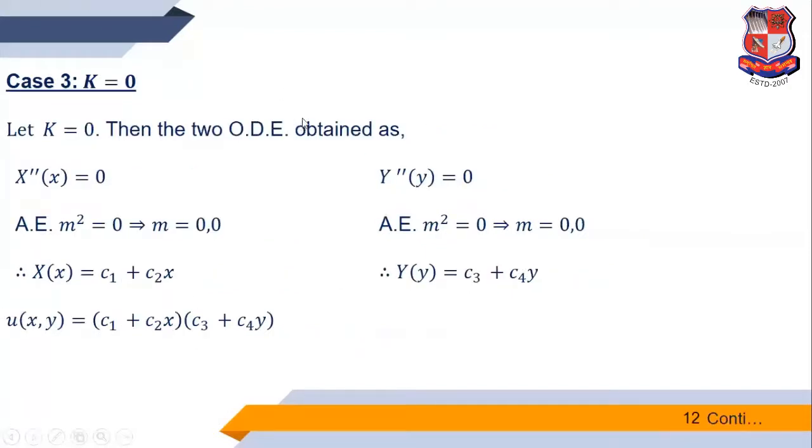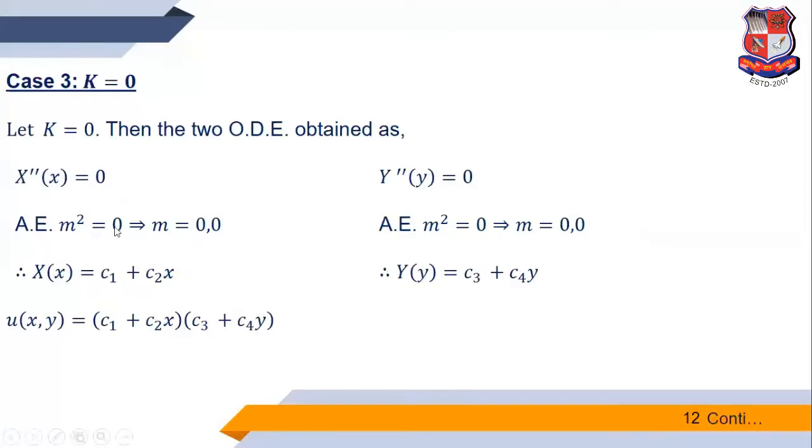Now the third case, k equal to 0. So let k equal to 0, then the given two ODEs, that means equation 3, become X double dash is 0, Y double dash is 0. So X double dash is 0, again a second order ODE.